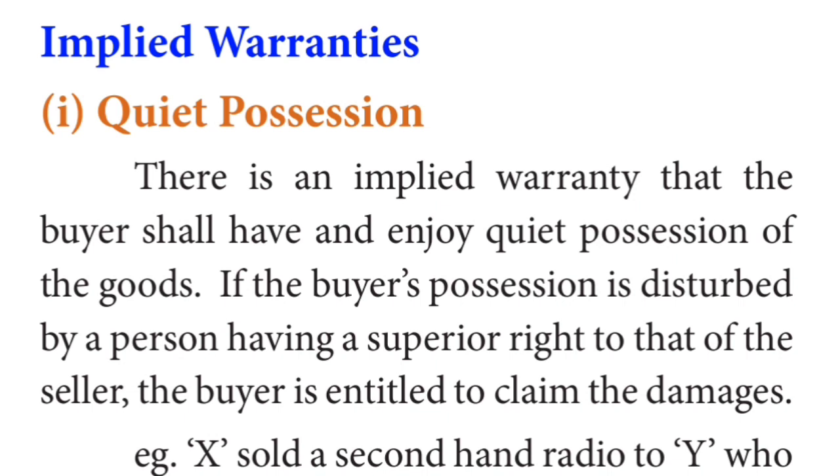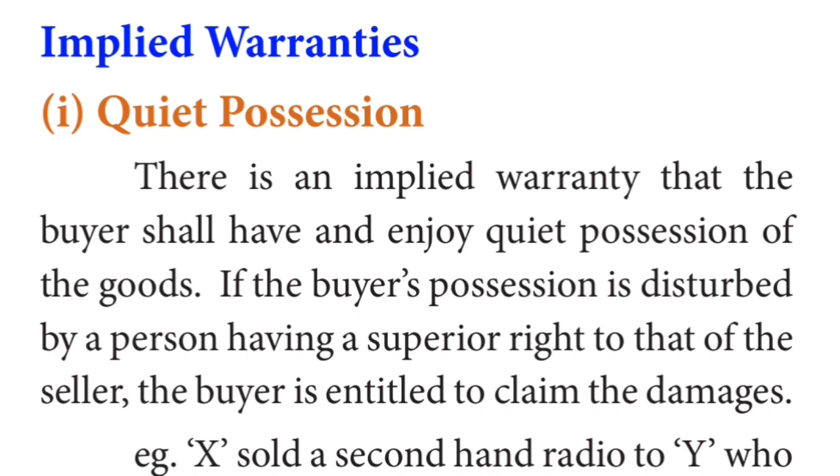The buyer can go and claim the damages. That is nothing but a warranty which is implied in the contract. It is not only a condition, it is also a warranty, right? So he can go back and claim damages, or he can ask for another car or vehicle or whatever product it may be. That is quiet possession.